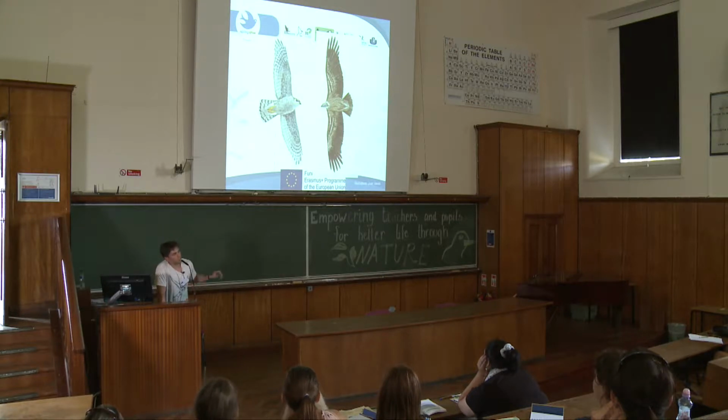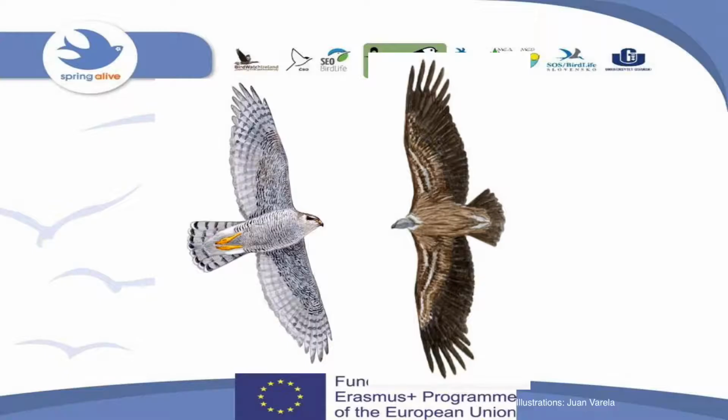I told you that they have no adaptations to forests, but it is not really true. They have some, because all forests have a lot of trees, so they need a little adaptation. As you can see here, you have two different birds. Do you see? There is a goshawk and there is a vulture.